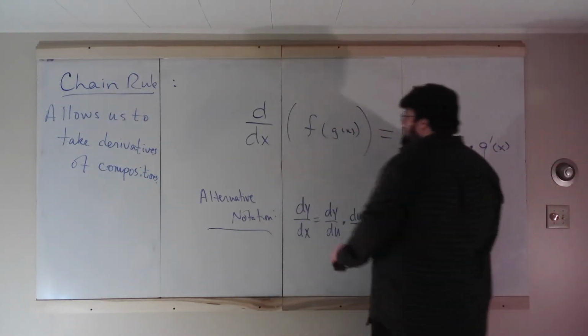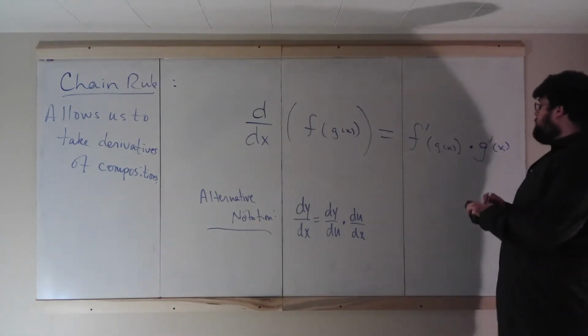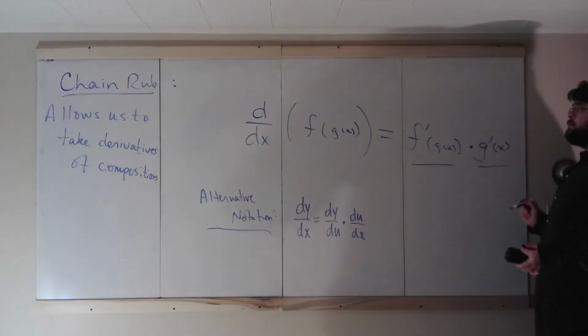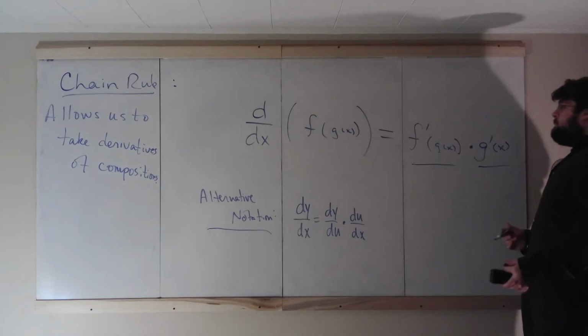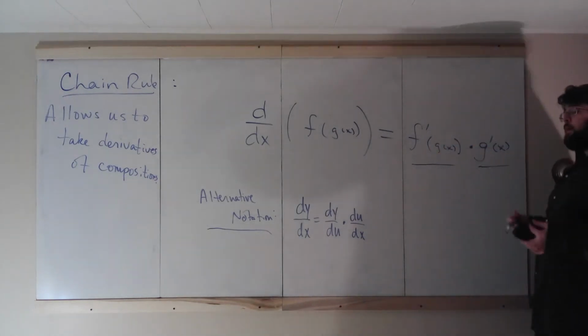But the derivative of a composition, f of g of x, is given by f prime of g of x times g prime of x. So we have a composition. The derivative is given by f prime of g of x times g prime of x.